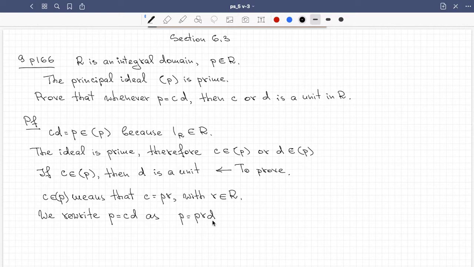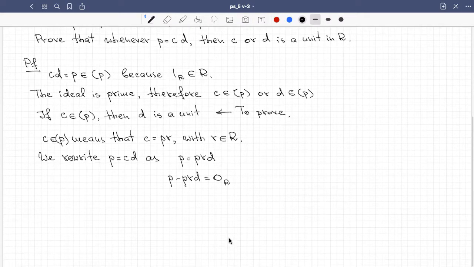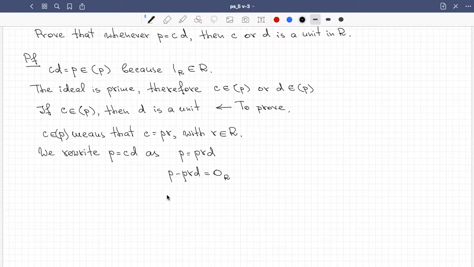Now we can take PRD to the other side, add negative PRD to both parts of the equation. P minus PRD is 0 in the ring R, and we can factor P out. P times (identity minus RD) is 0.